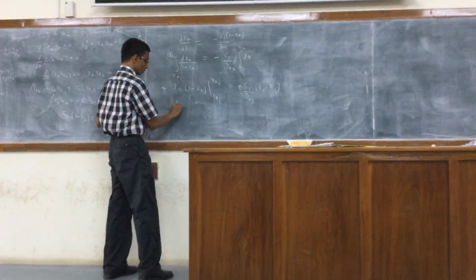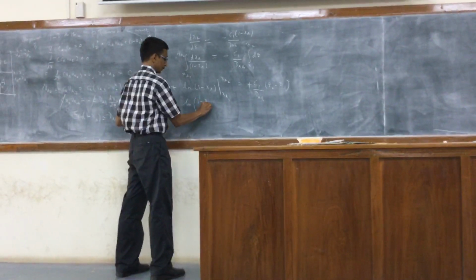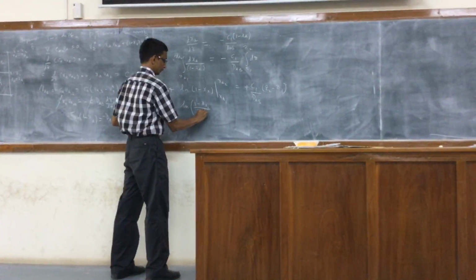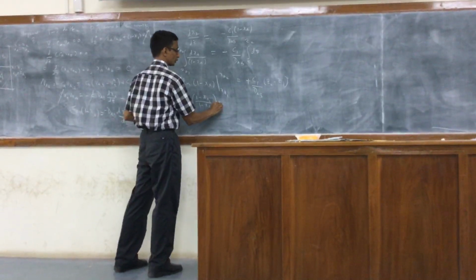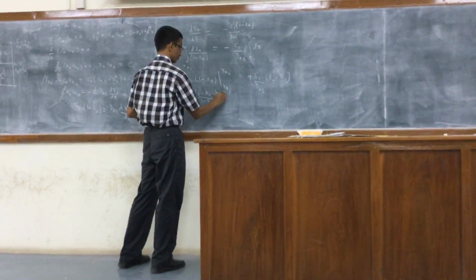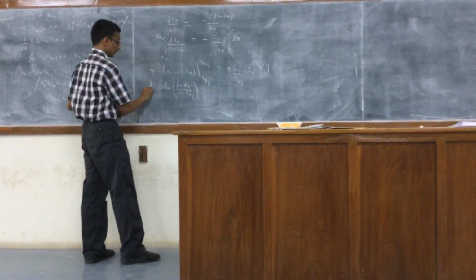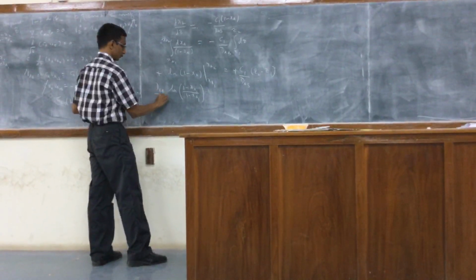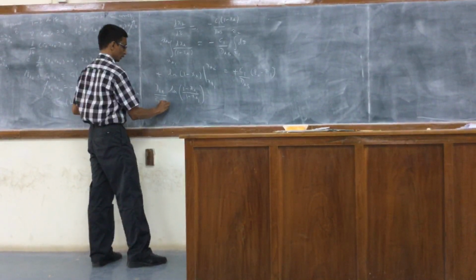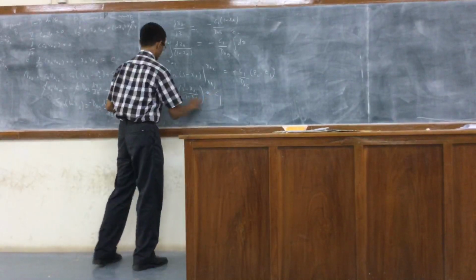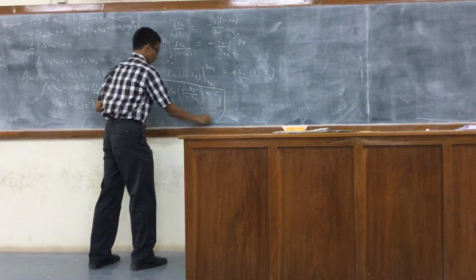So we get log of 1 minus XA2 by 1 minus XA1 times DAB divided by Z2 minus Z1 is equal to C1. It's a very important relation.